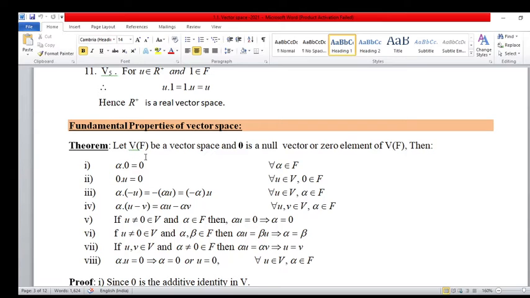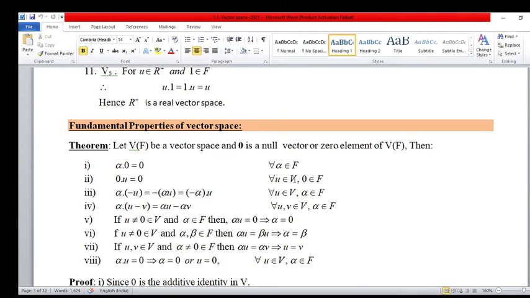So let Vf be the vector space over F, and 0 is the null vector or zero vector of Vf. Then first is alpha dot 0 vector is equal to 0 vector, alpha is the scalar. Second is 0 into u is equal to 0 vector.